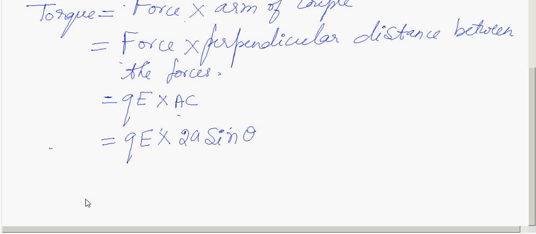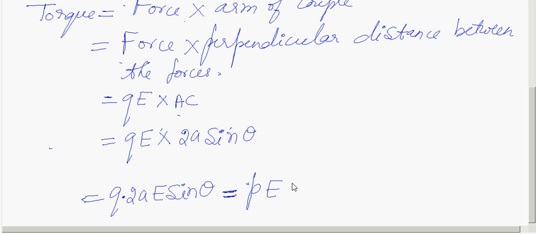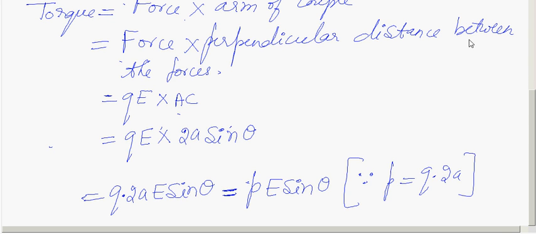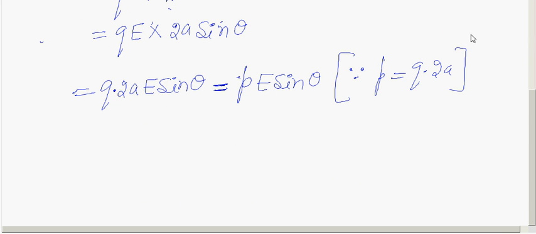Rewriting this equation: q into 2a into E into sine theta, and we know q into 2a is P. So torque is PE sine theta.